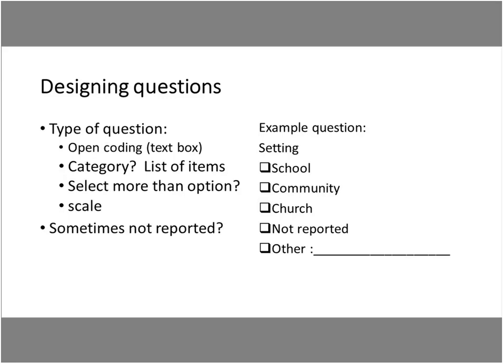Because what you don't want is, if you're working through all these studies and you get to one or two and it's not reported and you don't have any place to mark that, then you're going to have to have a notes section or something else to try and get back at that. So I just try and build that in as much as I can.